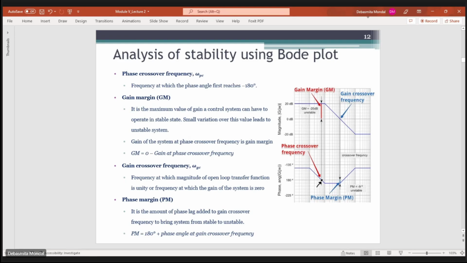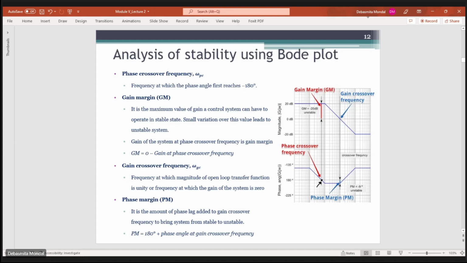Here you see that this is the gain crossover frequency. And the gain margin is defined as the maximum gain that a control system can have to operate in a stable state. So the gain of the system at the phase crossover frequency is known as the gain margin.